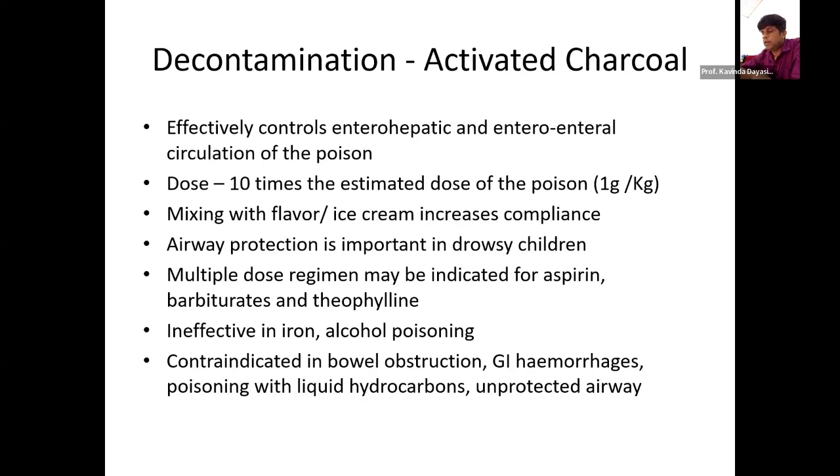And charcoal is contraindicated in certain instances where there is a risk for bowel obstruction or bowel hemorrhage. That can be seen with iron ingestion during the acute stage, and also with liquid hydrocarbon ingestions because of the risk of aspiration of these agents. So acids and alkali too. So understand there are clear contraindications for administering activated charcoal.